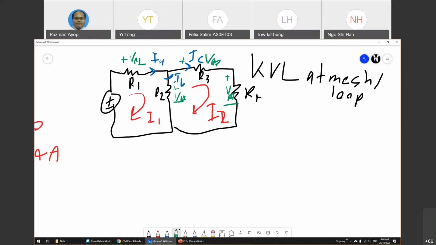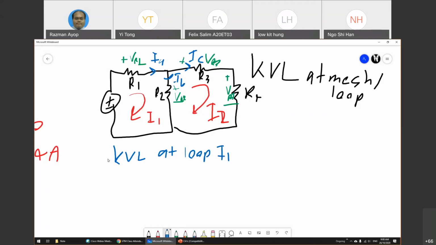So KVL is basically, after you assign all of this, if you do a loop, you apply KVL. KVL at loop I1.